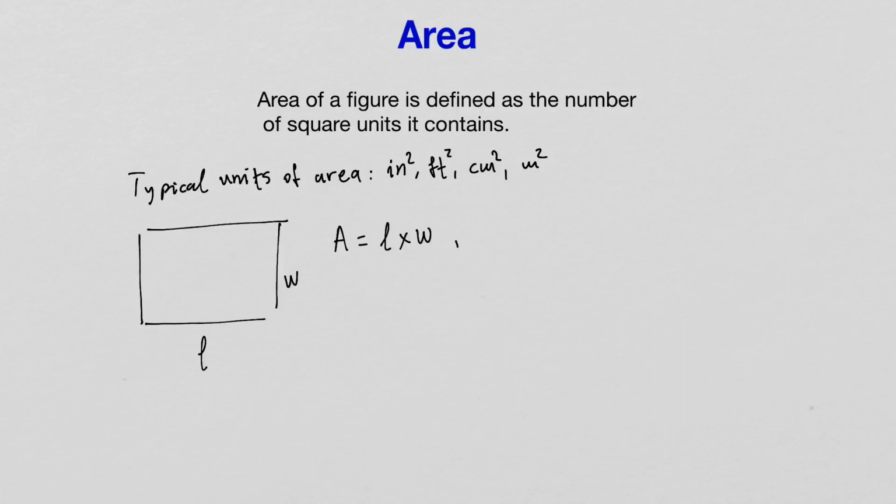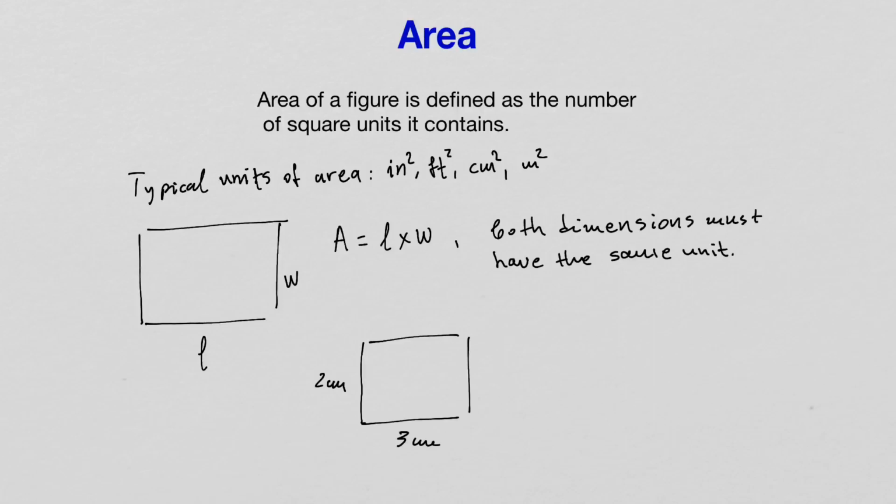So either both have to be in inches, or both in feet, or both in centimeters, or both in meters. We cannot have mixed units. For example, we can't have L measured in inches and W measured in feet, or L measured in meters and W measured in centimeters. Then calculating the area of this rectangle makes no sense. So both dimensions must have the same unit.